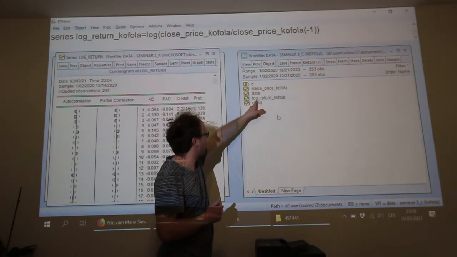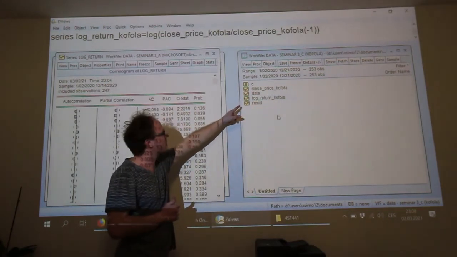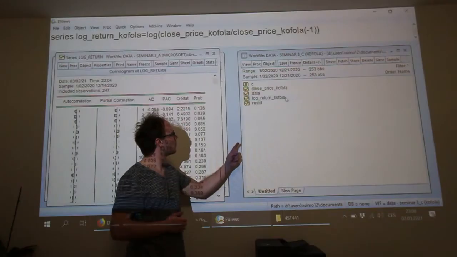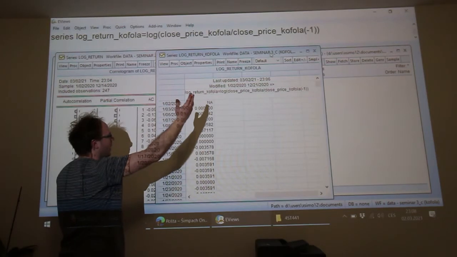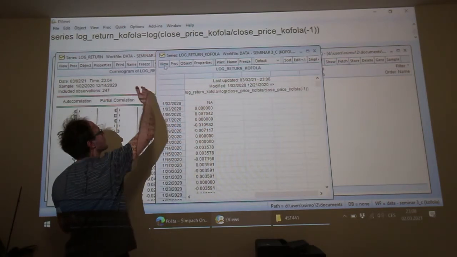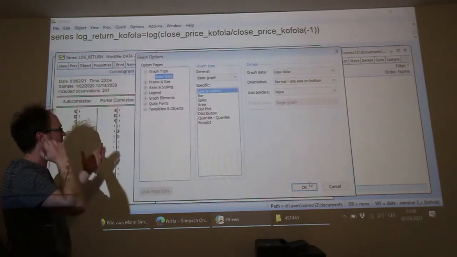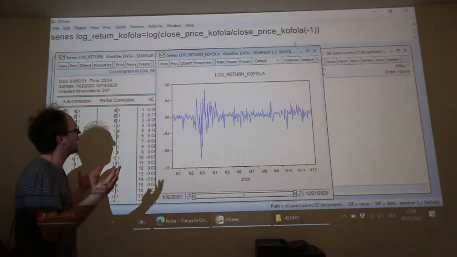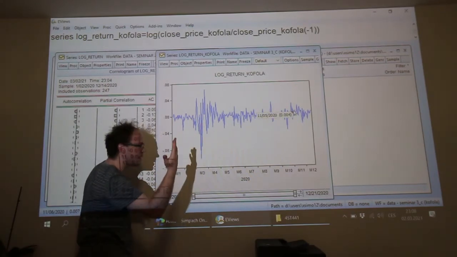We can open this file with log returns. So there we have the data, and again we can check the chart. Please click on View, Graph, and you'll see line and symbol. There is a peak.